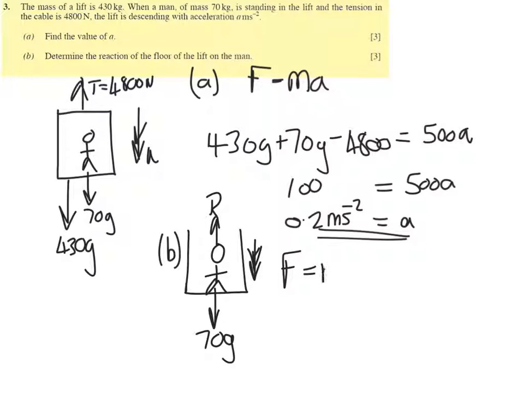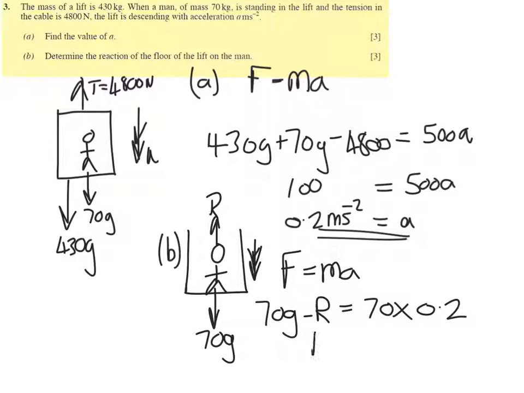F equals ma. So what have we got? Acceleration's acting down, so is his weight. So that means it's 70G minus the reaction. Now the mass, remember it's just the man, so it's 70 times the acceleration I've just worked out to be 0.2.